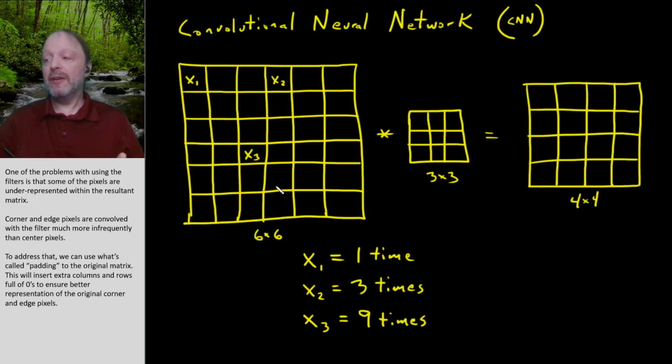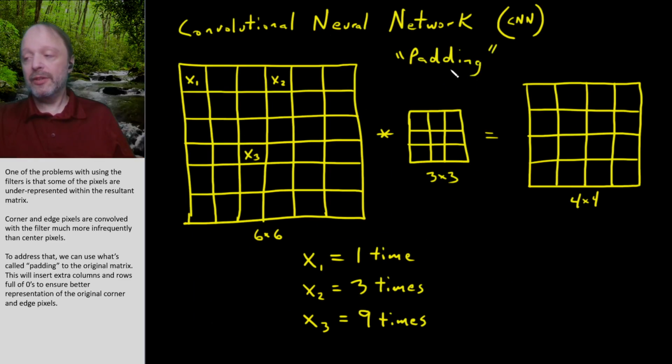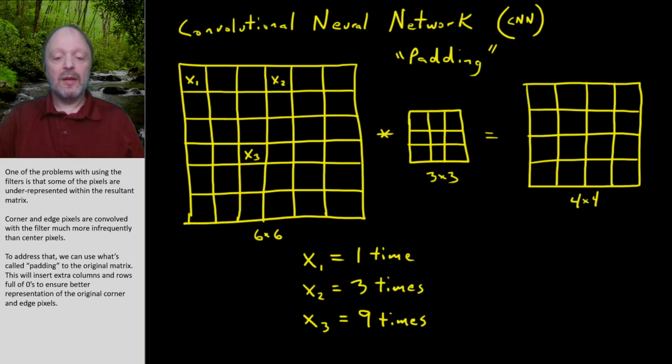So to combat that, we do something that's called padding. This is a very common thing to do in machine learning, is padding. So what we're going to do is we're going to add rows and columns of zeros to our original matrix.